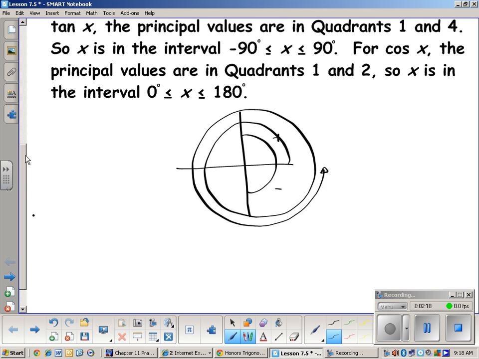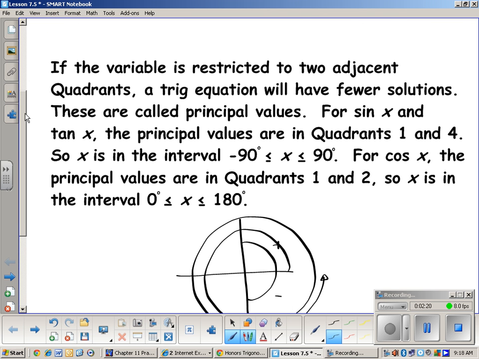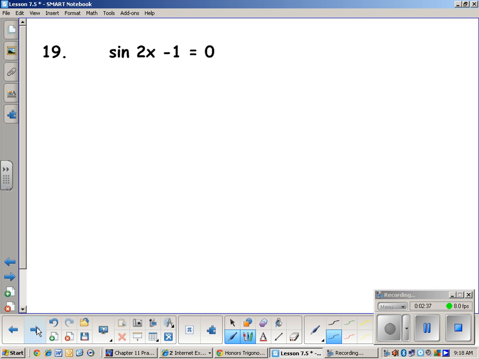So pay attention to the questions. When they ask the question, they'll tell you where x is located. And you have to find all the values that are appropriate to that answer within that range of x values. Okay, so I have just a couple examples here. Those are really only notes we have.